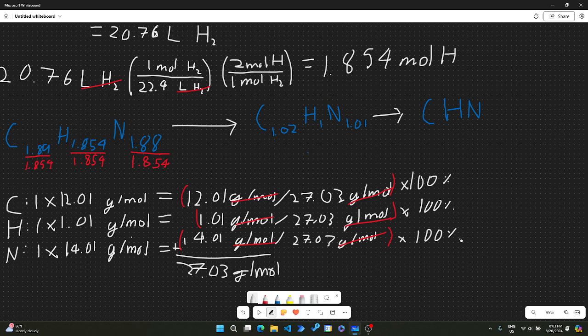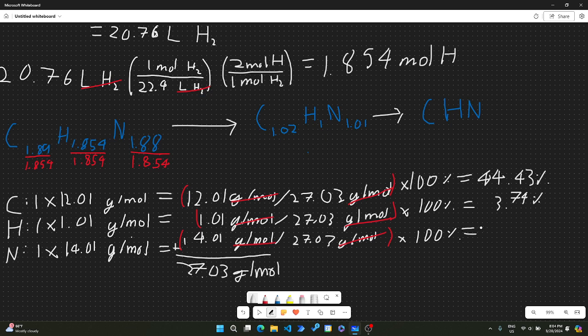But 12.01 divided by 27.03 times 100 is going to give us a percent mass for carbon of 44.43%. With hydrogen it's just 1.01, and that's going to give us a percent mass of 3.74%. These are percent, sorry.